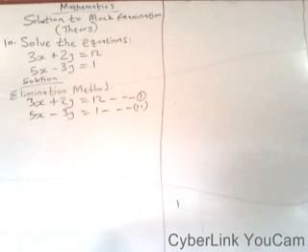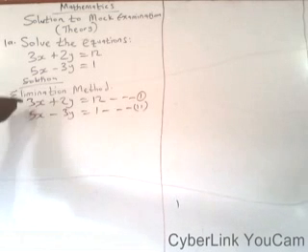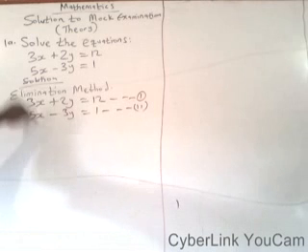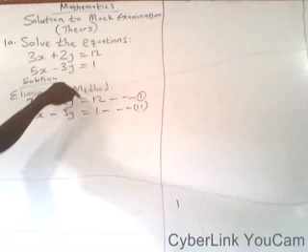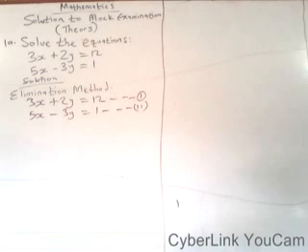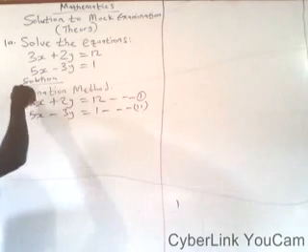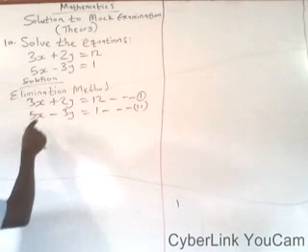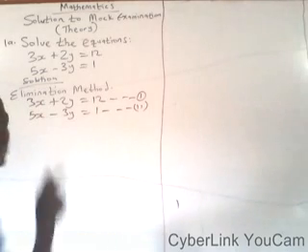In that case, I want to consider x to be eliminated. Elimination simply means you want to eliminate one of the what? One of the variables. Either you want to eliminate x or you want to eliminate y. But I decided to eliminate what? X. In that case, for me to eliminate x, the value of x in the first equation must equal the value of x in the second equation.